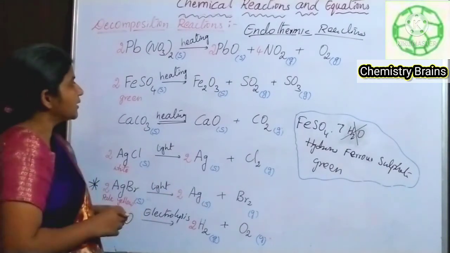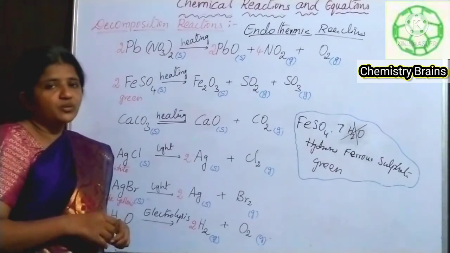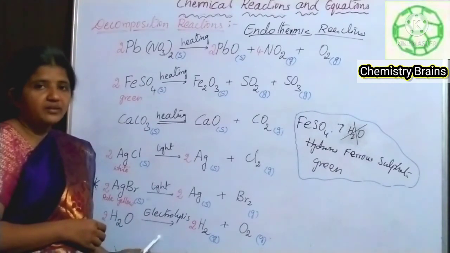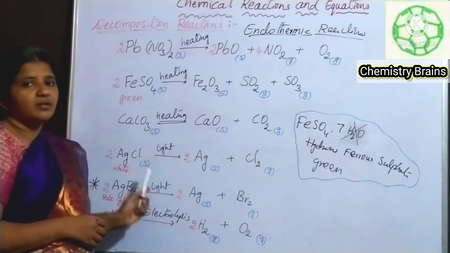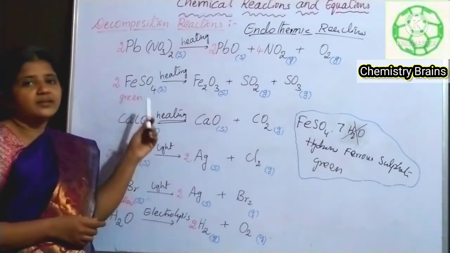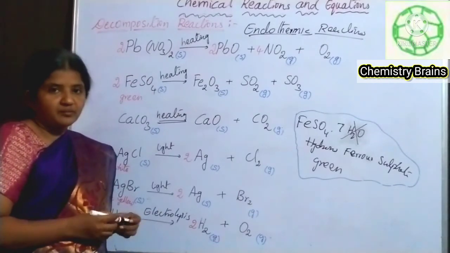Reactions in which energy is used in the form of heat, light and electrical energy for decomposition are said to be endothermic reactions beta. These are the examples of decomposition reactions beta. Understand beta? Thank you.